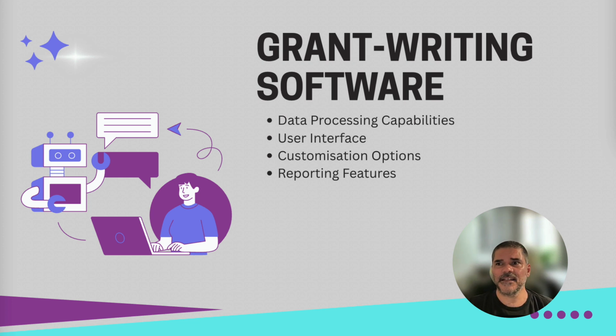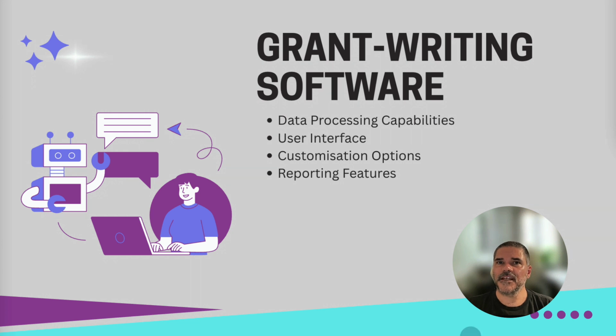So summarizing your findings or actionable insights that are available for you to just copy and paste into your proposal as you are developing it. So lots of things to think about, but essentially these are the four that you're looking for in your grant writing software: data processing, an easy user interface, customization options so that you can more accurately align it to what your organization is looking for, and then does it report and spit out the information in a way that is readily usable for you and your team.